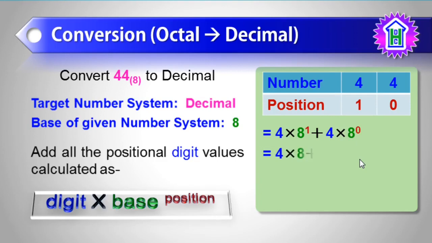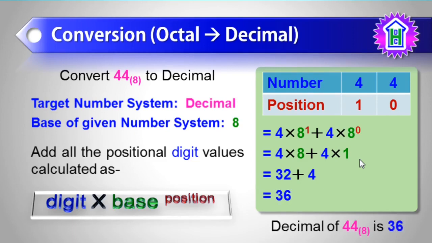So 4 into 8 to the power 1 is 8 and 8 to the power 0 is 1. If we raise any number to the power 0, it will be what? 1. So 4 into 8 is 32 and 4 into 1 will be 4. So it will be 32 plus 4, 36. So the decimal of 44, which is in octal, will be 36.